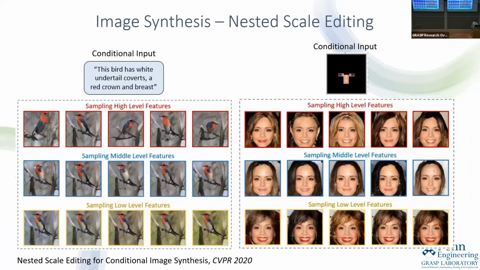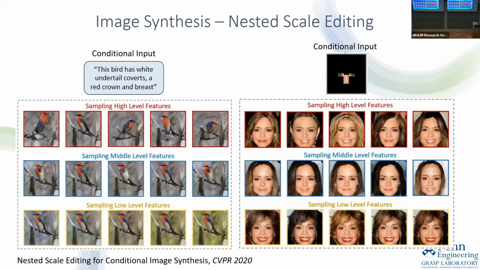We also studied GAN-related image synthesis. In this specific task, we're trying to do more controllable, conditional image synthesis. On the left, we show a conditional input, which is basically a text description of what the birds look like, and all the bottom images are generated from this GAN network.